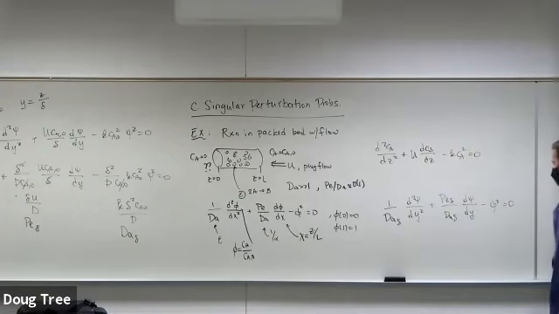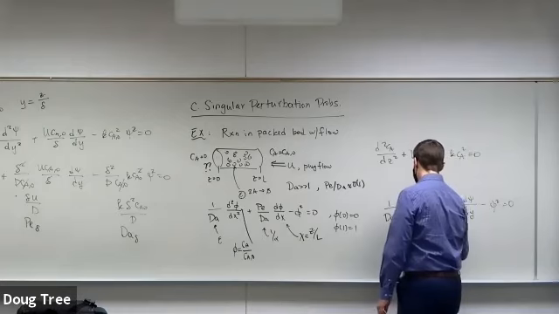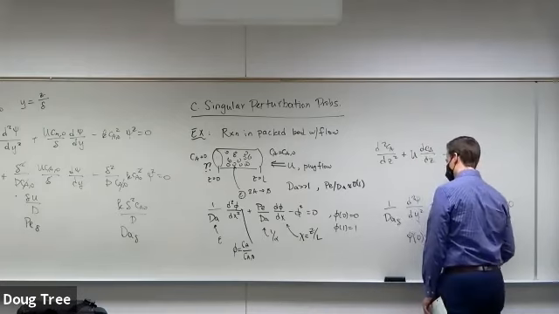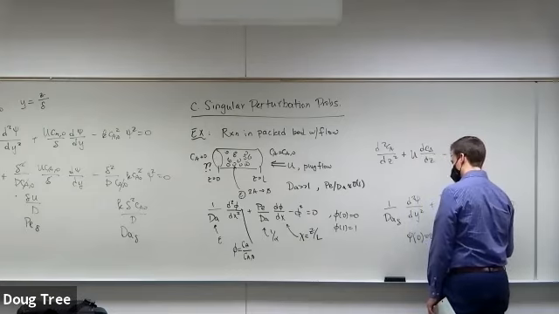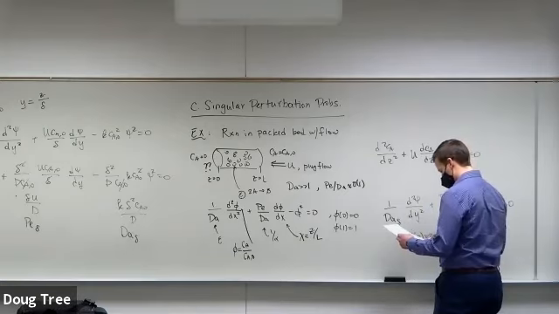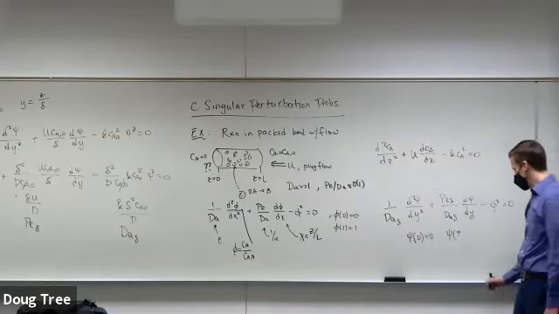And then I'm going to have boundary conditions as well. So I have psi at 0 equals 0. But what about psi at the other end? It's not obvious what that should be, right?